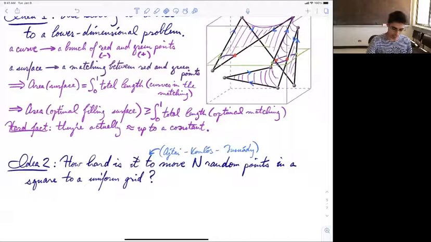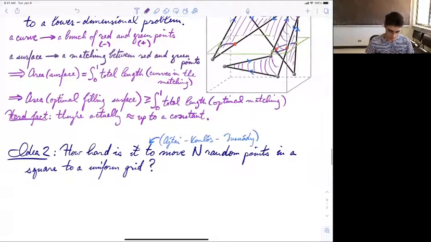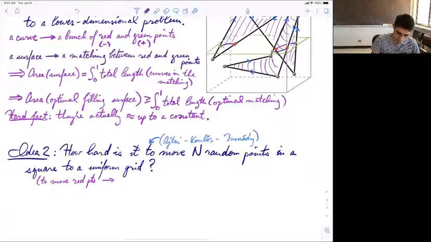It turns out that if we want to bound the size of this matching, we can think about matching our random points to a uniform grid, because then to move the red points to the green points, we can just move the red points to the uniform grid and then to the green points.